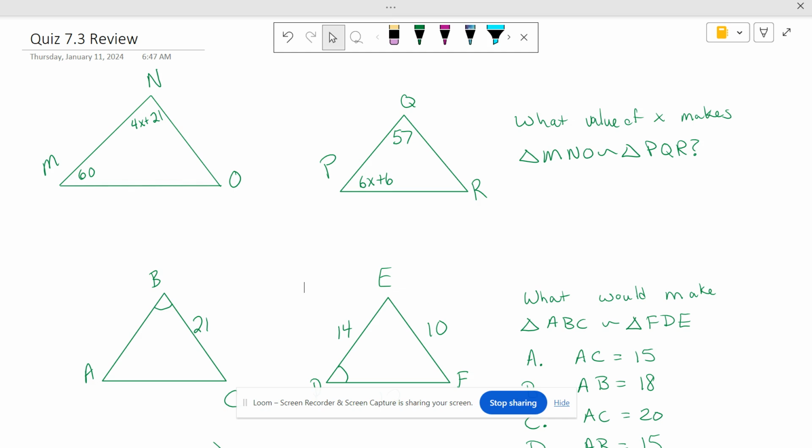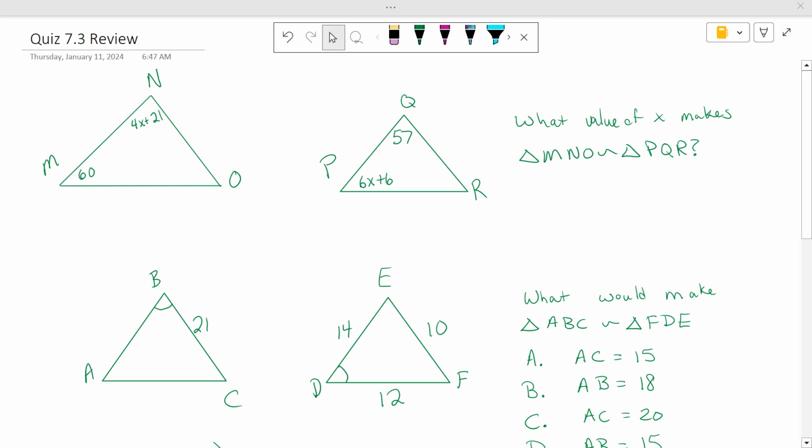Another way is if all three sides of one are proportional to all three sides of another, then they're similar. The third way is side angle side. If two sides are proportional and the angles between them are congruent, then they're similar. So here we go. Number one, what value of x makes this similar to this?